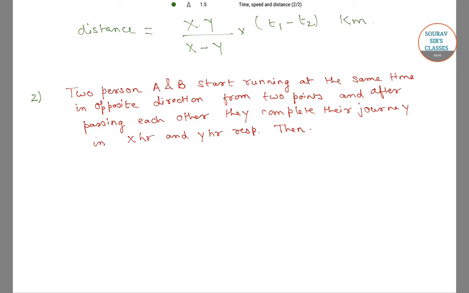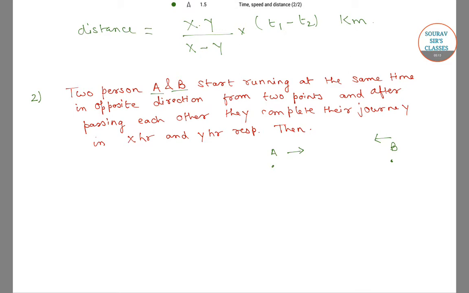Next formula states that suppose there are two persons A and B that are running from two different points in opposite direction and they have started at the same time. Suppose A is running in this direction and B is running in this direction.